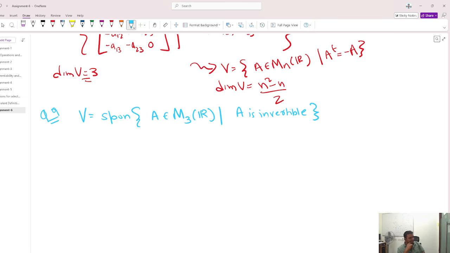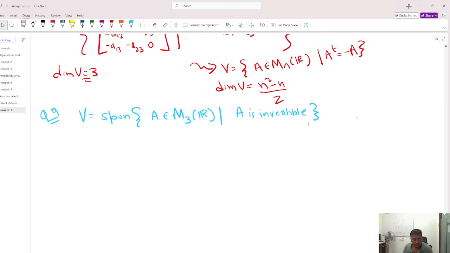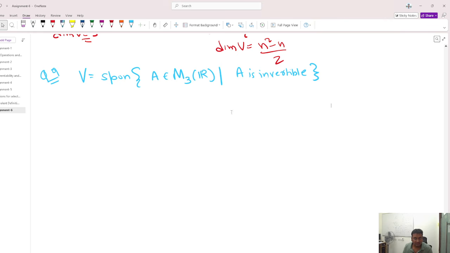We're considering the span of all 3 cross 3 invertible matrices. Is this a vector space? Yes, definitely it will be a vector space because it is the span of some vectors. But what will be the dimension and how will things happen here? That is what you have to see.